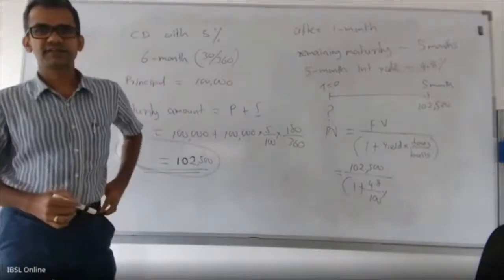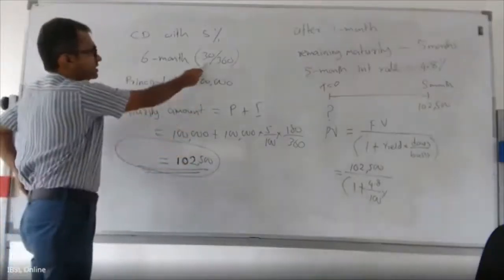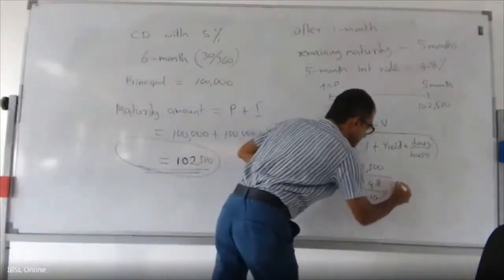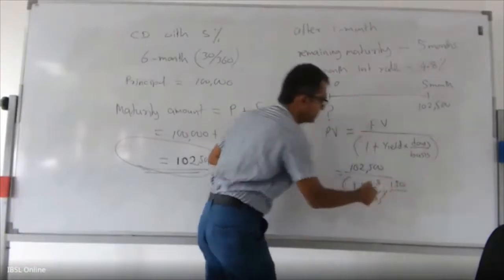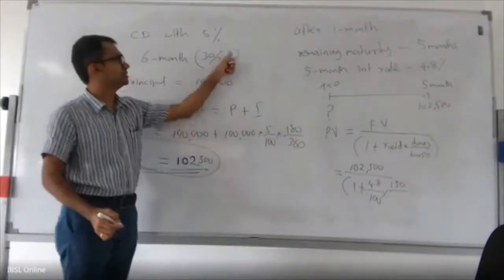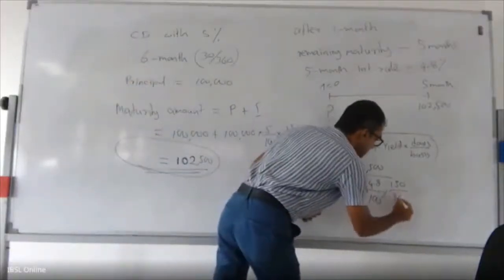For how many days? 150. 150 by 30 into 5. 150 divided by, what is the basis? 360. We assume per year there are 360.